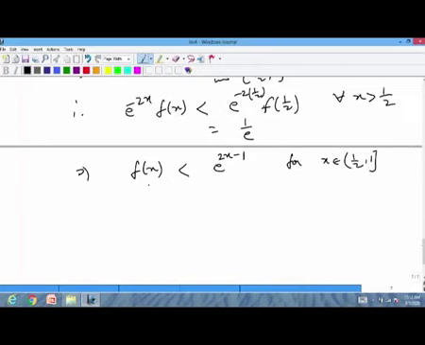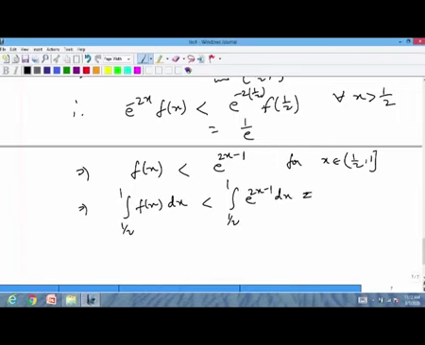So, if f x is less than a function g of x, then this will imply the integral half to 1 of f x dx is less than the integral of half to 1 of e to the 2x minus 1 dx, and this is equal to e to the 2x minus 1 by 2 from half to 1, which is equal to, at x equal to 1, e by 2, and at x equal to half, it is e to the 0, which is 1 by 2.